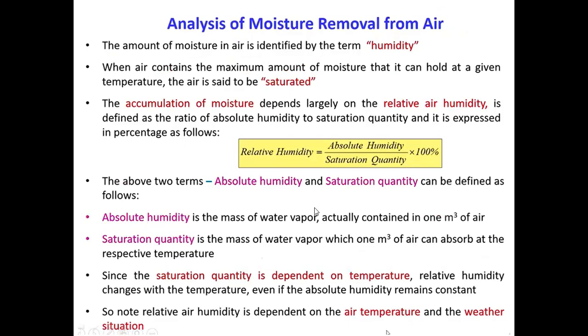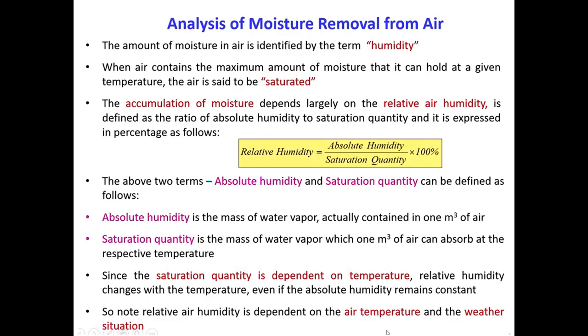Analysis of moisture removal from air. The amount of moisture in air is identified by the term humidity. When air contains the maximum amount of moisture that it can hold at a given temperature, the air is said to be saturated.